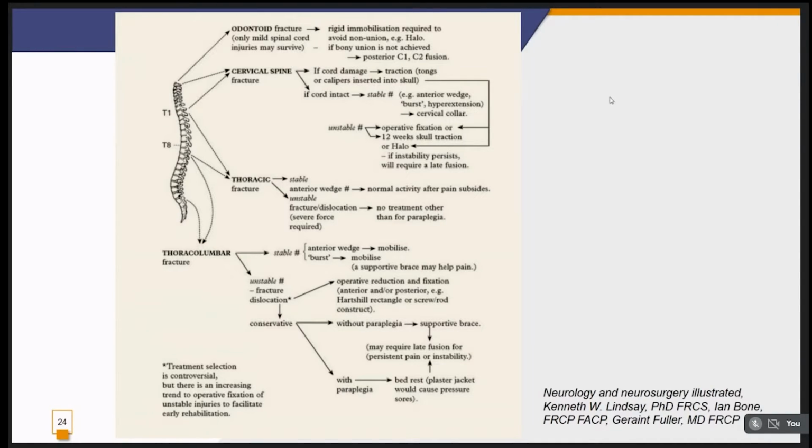If it's stable, it should be mobilized, but if it is unstable, especially a fracture dislocation, you need operative reduction, and you need to examine for paralysis in the patient, and then we give the right treatment.